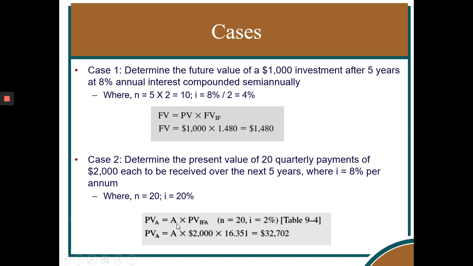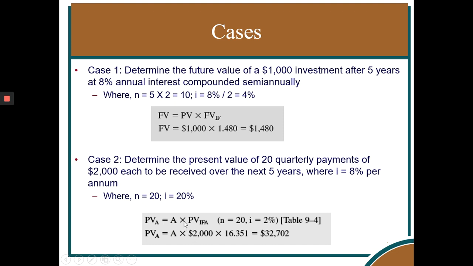So your annuity times present value annuity interest factor, as n is 20 and I is 2%. You can find this present value annuity interest factor by looking at your present value annuity table, and the annuity is 2000.